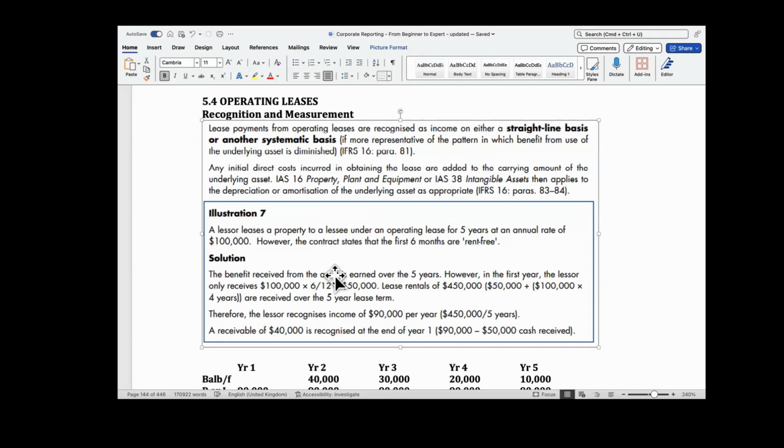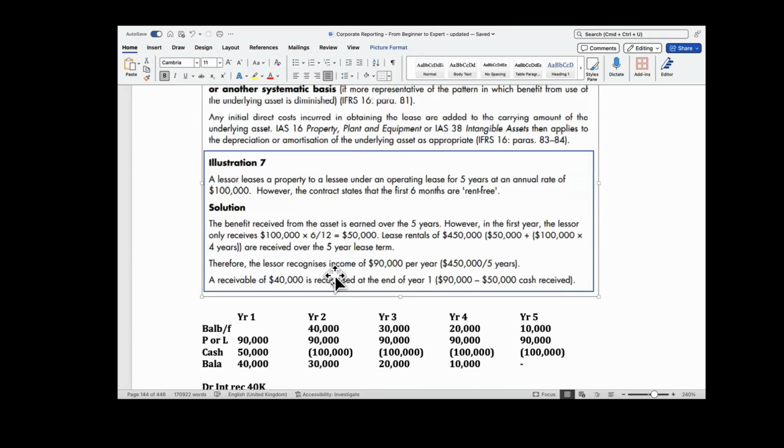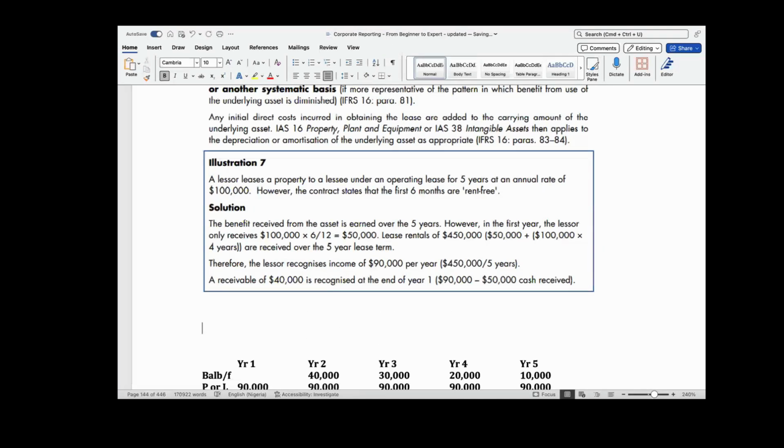So the only way for us to achieve recognizing the lease rental on a straight line basis is for us to look at, okay, how much rent can we recognize to P&L per annum? The easiest is for us to look at, okay, what's the amount receivable over the lease term? How much is left? We then spread that one equally over the lease term.